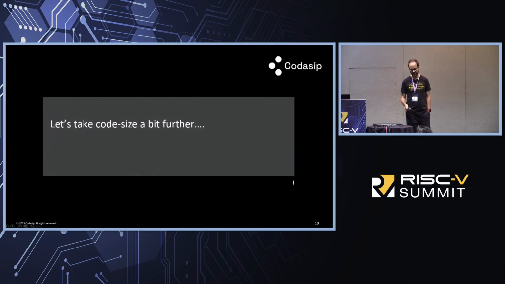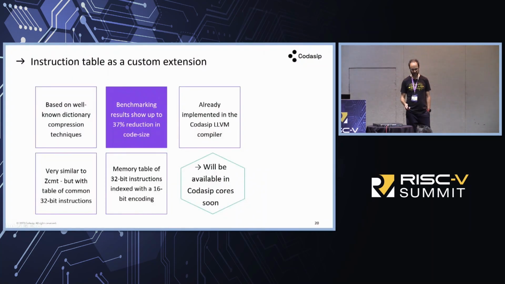Okay, so let's take code size a bit further. Another technique which we've implemented is dictionary compression. Table jump has a table of function pointers. The dictionary compression, or instruction table, has a table of 32-bit instructions which are commonly repeated. For example, you can have a load with a specific immediate value, which is too big for a 16-bit encoding, and that is repeated many times in the executable.